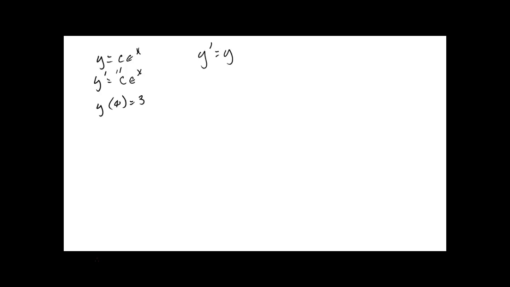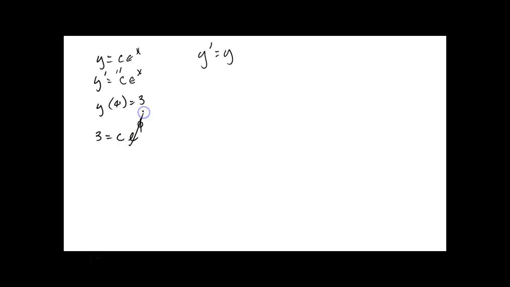Now, what would you do with that? Okay, plug in 0 for x and 3 for y, and that should allow you to evaluate c. So 3 is equal to c e to the 0. And what is e to the 0? 1.